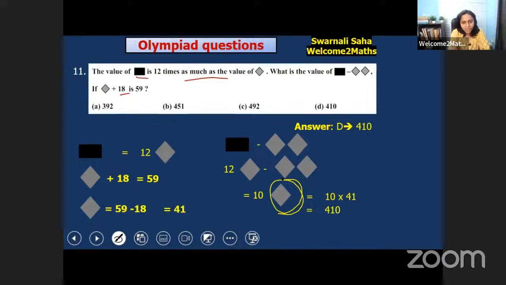So did you understand? Say yes if you understood this whole process. So it's 410. Okay. D. I explained all the things. If you have any query, anything you want to ask, you can ask me.